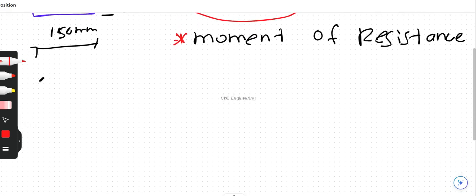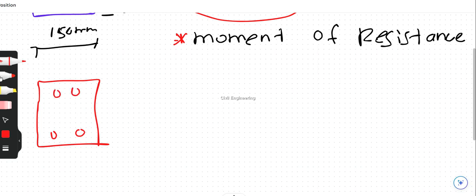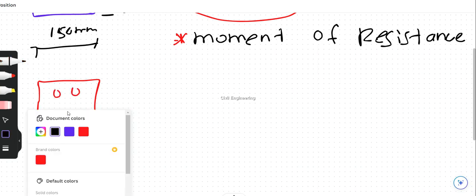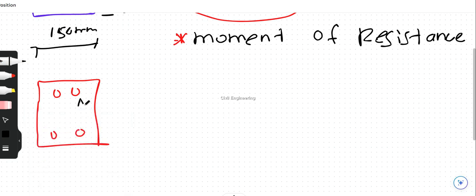First, I will draw that section again. This is the section we have to analyze. We don't know the compression zone reinforcement, and here in the tensile zone there are two T25 bars and the effective depth is 300 millimeters.